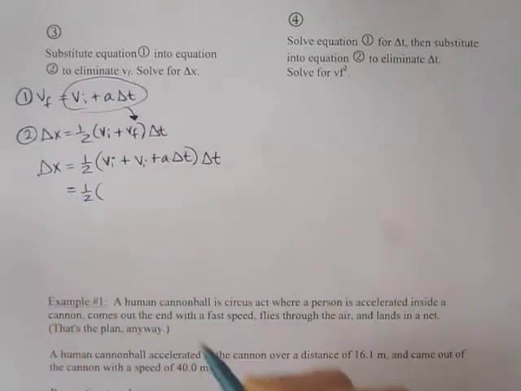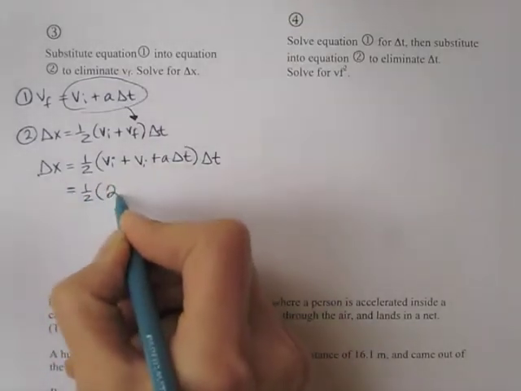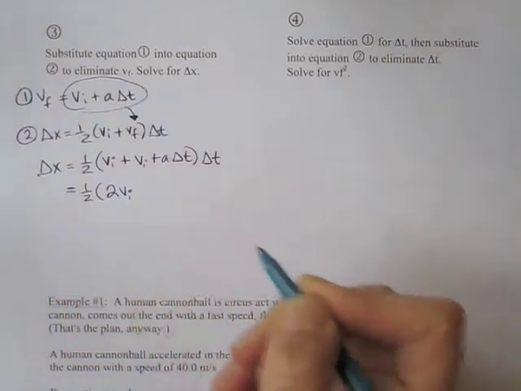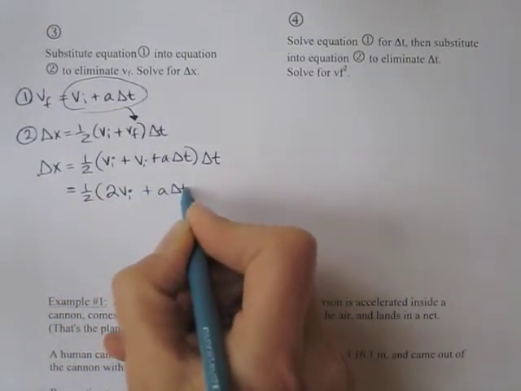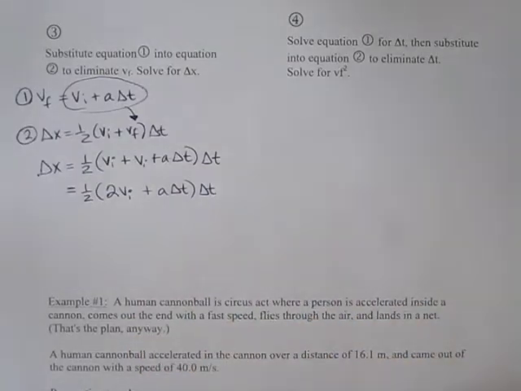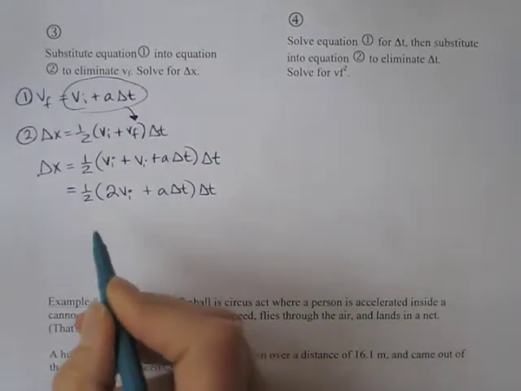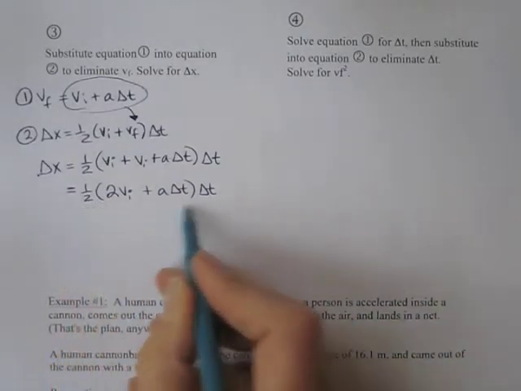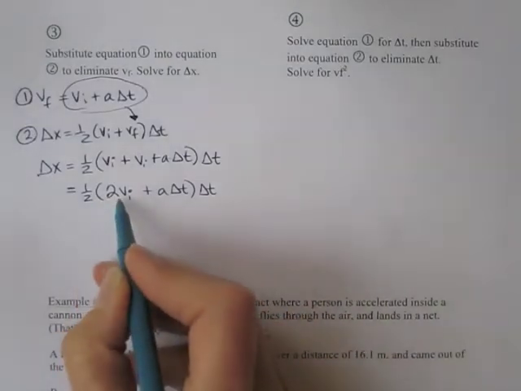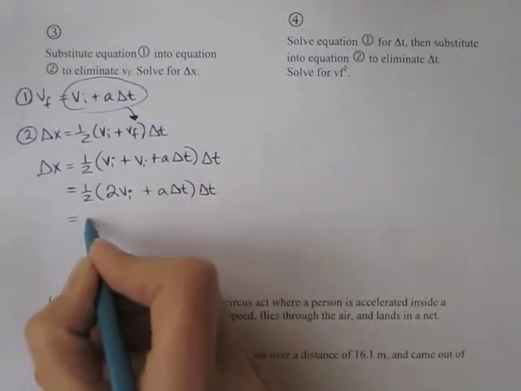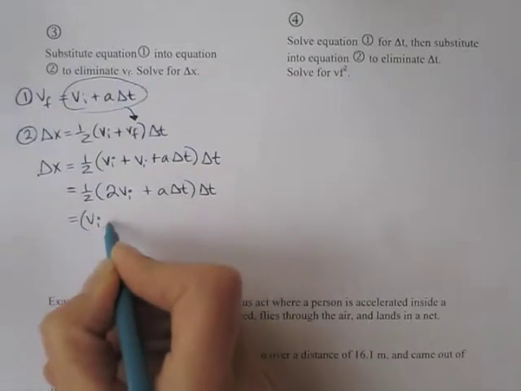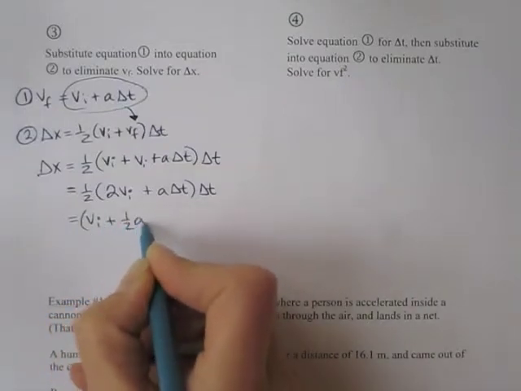I can add together the vi and the vi. That gives me two vi's. And now I'm going to multiply the 1/2 into the inside of my parentheses. So that gives me vi plus 1/2 a delta t.